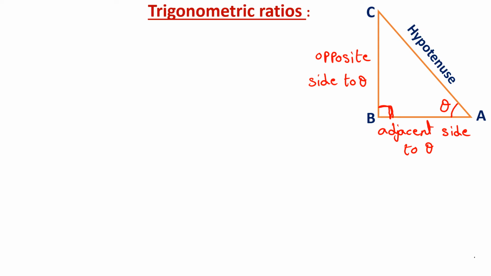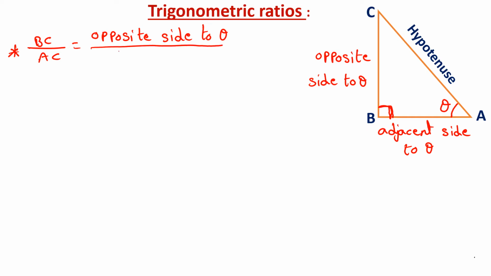Now let us see the ratios of different pairs of sides of the right angle triangle one by one. BC by AC equals opposite side to theta by hypotenuse. That is the first ratio.